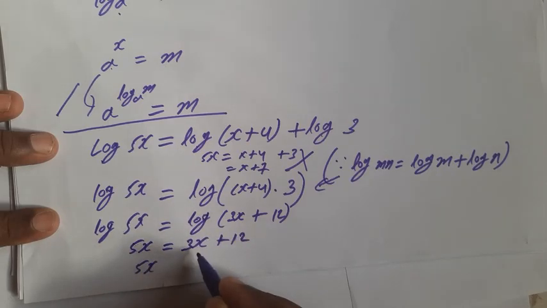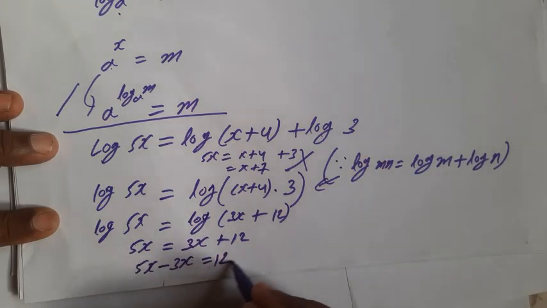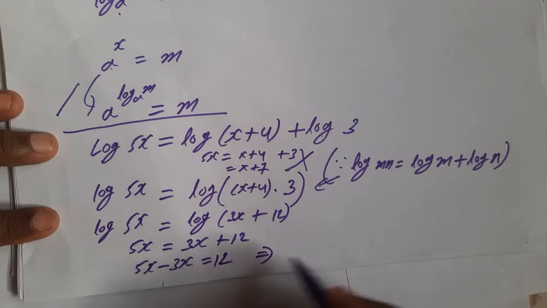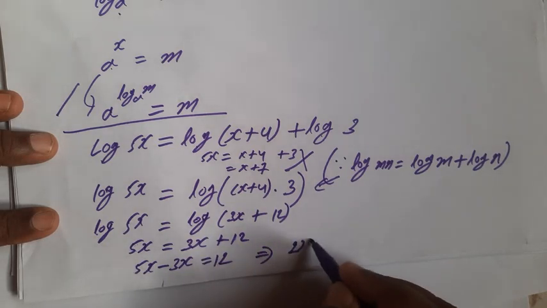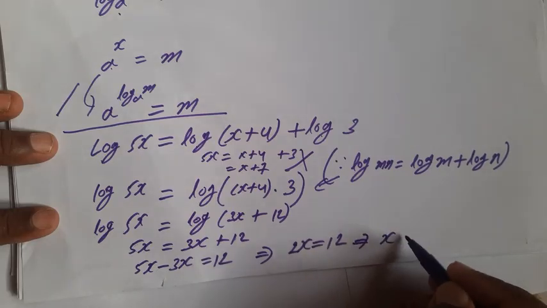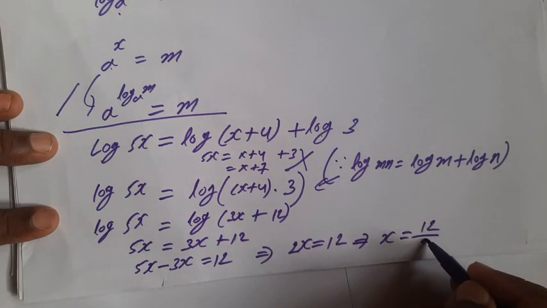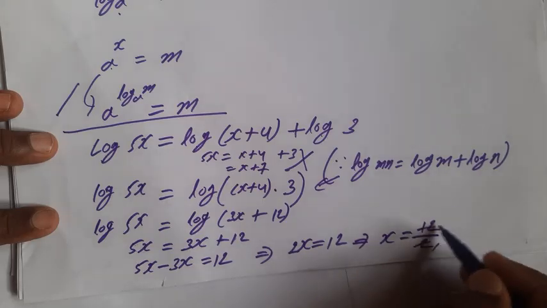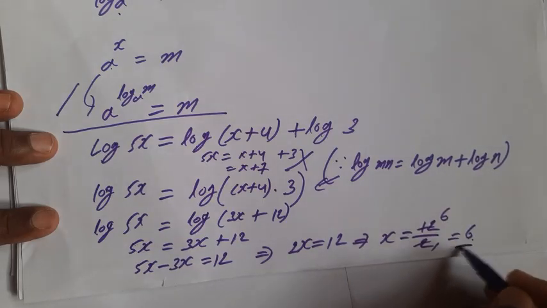Now 3x comes to this side, 5x minus 3x equals 12. What will it become? 5x minus 3x, 2x equals 12. Now x equals 12 by 2, which is 6.